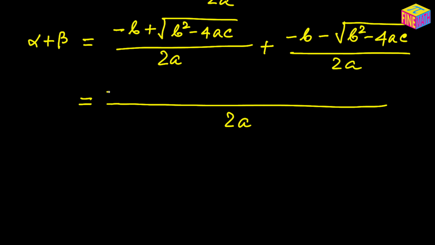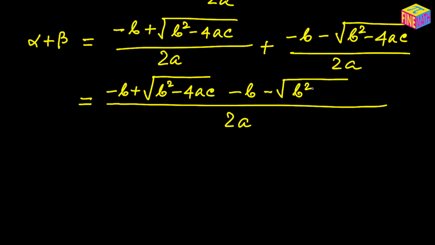So it will be negative b plus square root of b squared minus 4ac, and then plus again negative b, or instead of saying plus and negative b, I would simply say negative b again, and then minus square root of b squared minus 4ac, all divided by 2a.